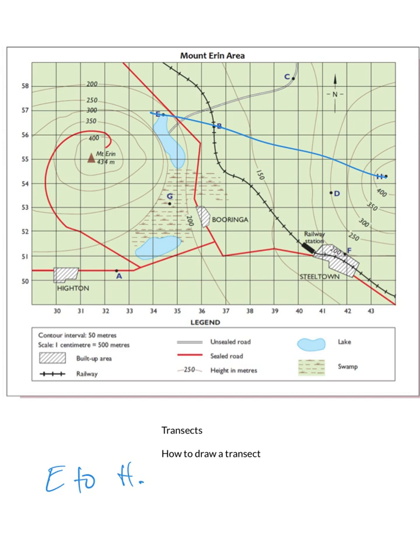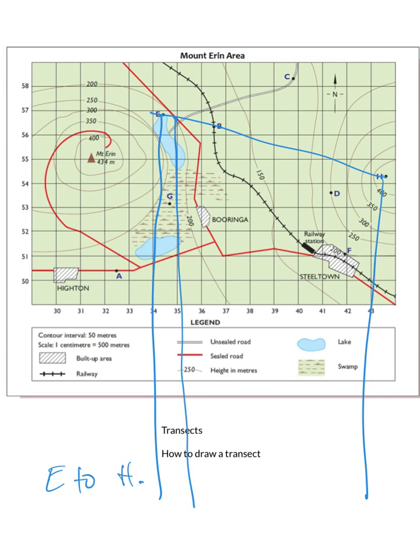What we would do first of all is we'd maybe drop a piece of paper straight down here, and every time there was a contour line, I'd mark it straight down.